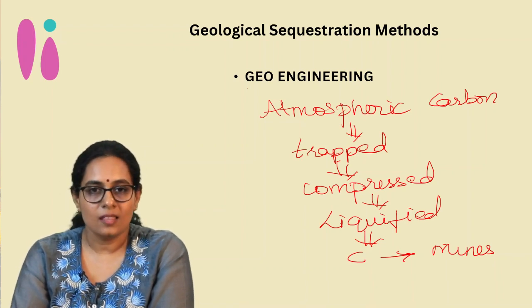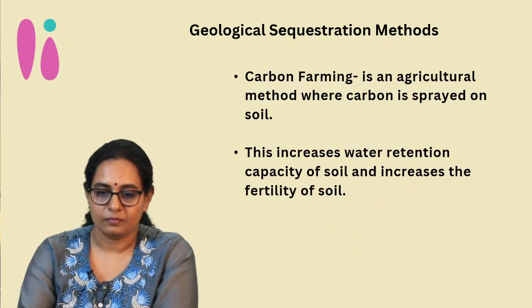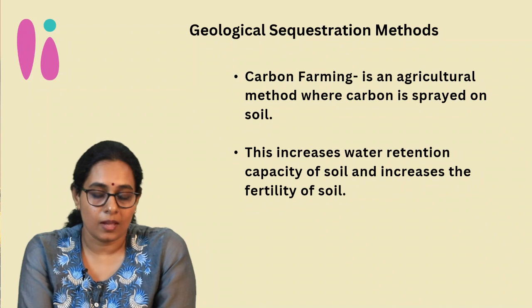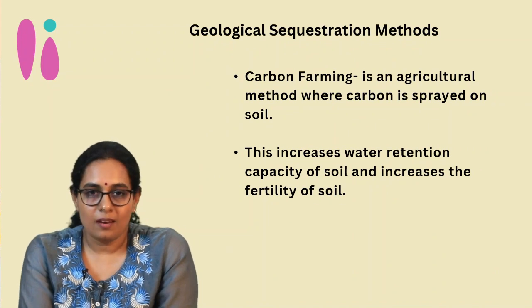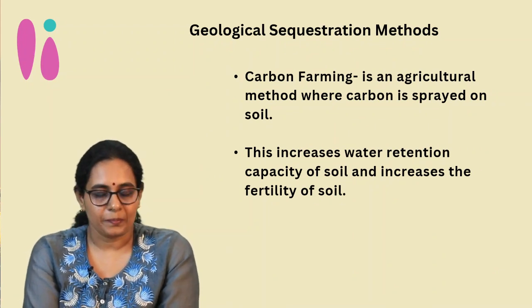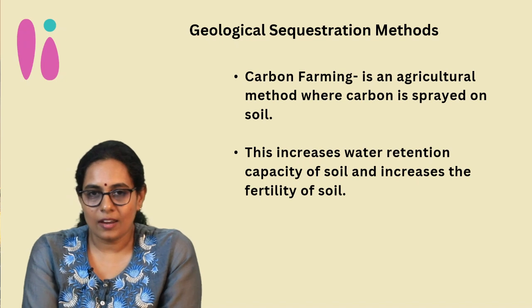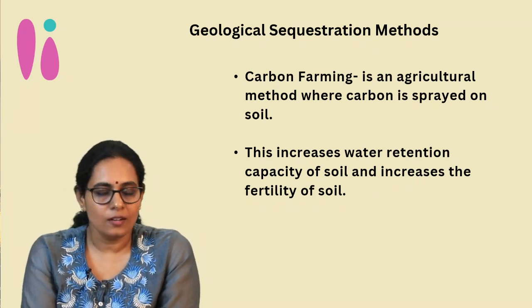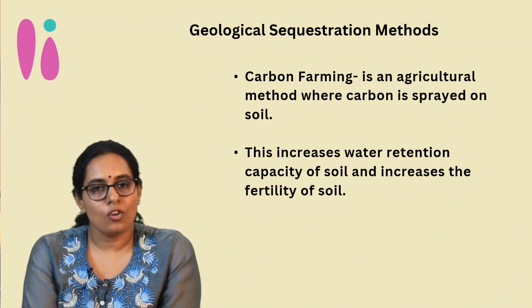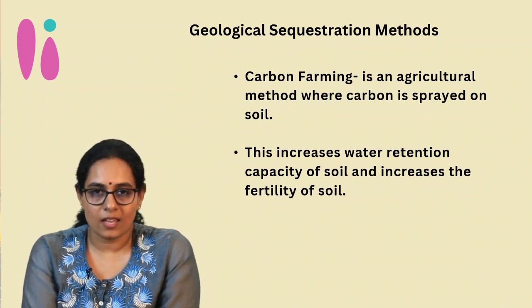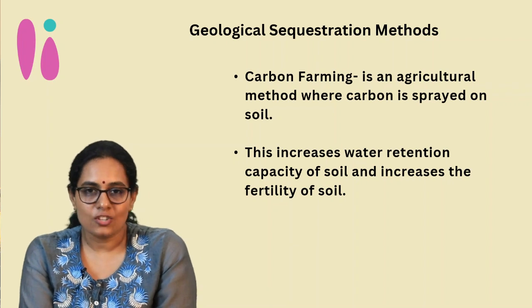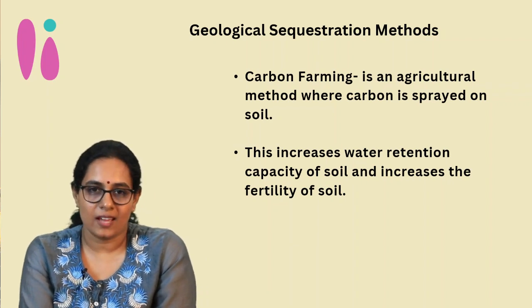So let us see the other method. The other method is carbon farming. So what do we mean by carbon farming? I think you are aware of your surroundings, that whenever there is fire in the vegetation or whenever there is a volcanic eruption, there is lots of ash, and ash is a natural fertilizer.